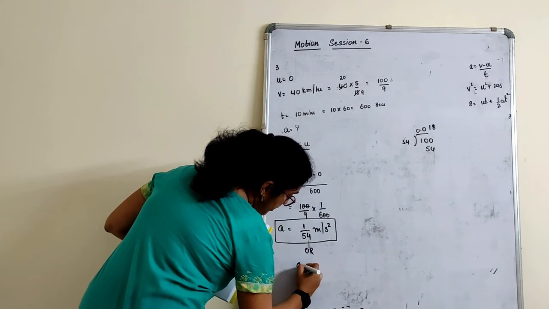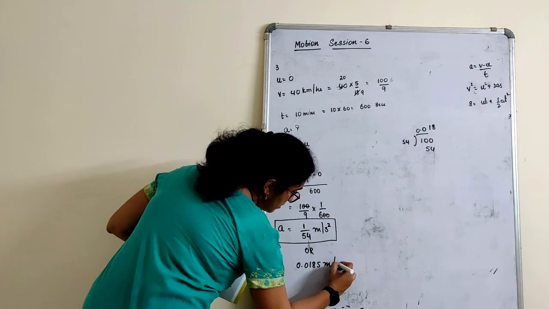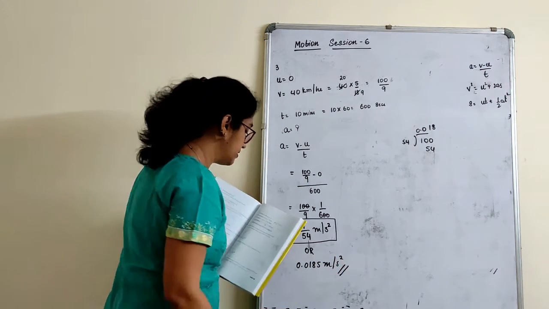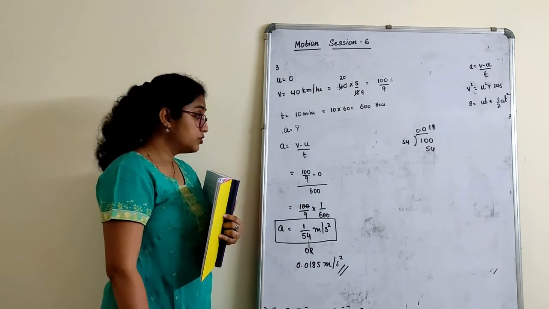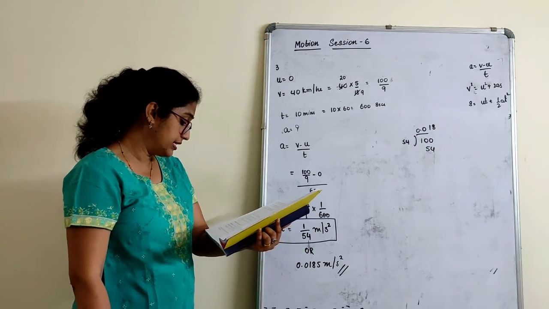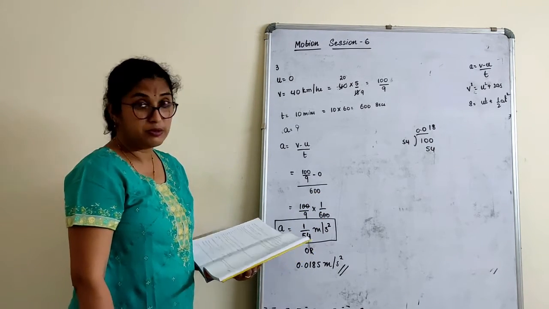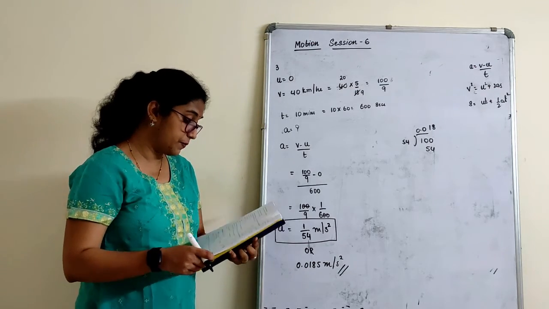So 0.0185 meters per second square is the answer. This is how you have to do it, right? So give the conclusion. Hence the acceleration of the train is 1 by 54 meters per second square or 0.0185 meters per second square.